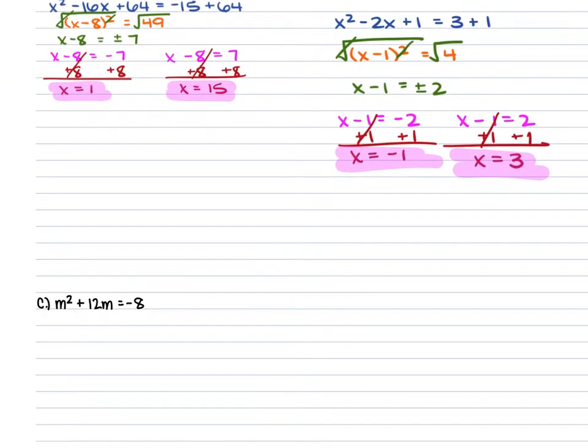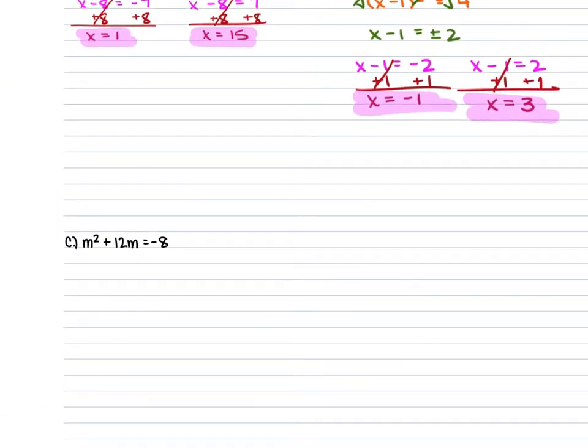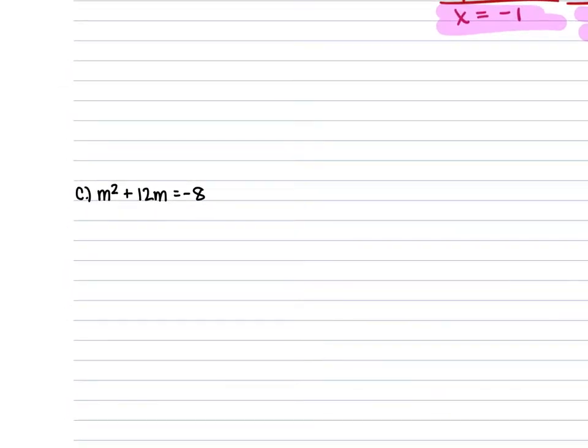For example C, we have m squared plus 12m is equal to -8. Our original c term is by itself on the other side of that m squared plus 12m. Identify your b term. Our b is 12, so we're going to find our new c term by doing b over 2 squared.